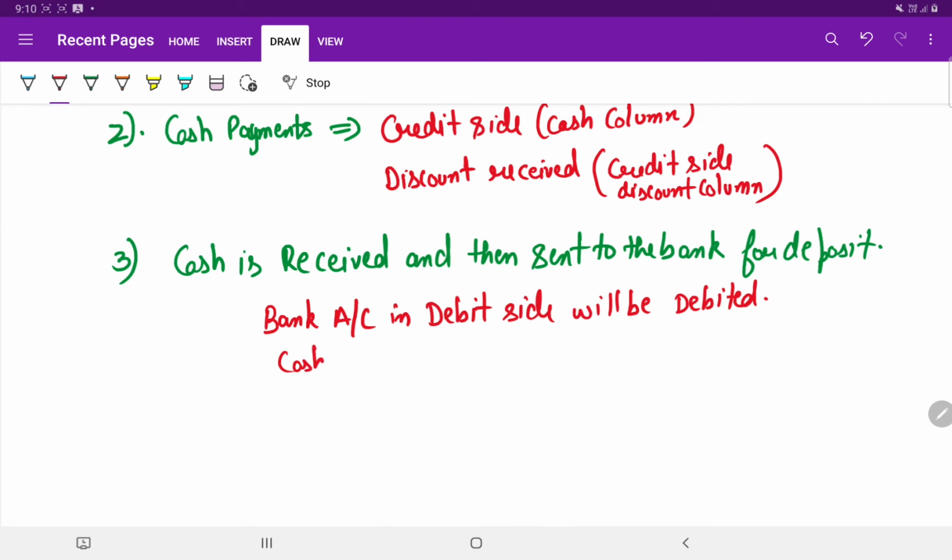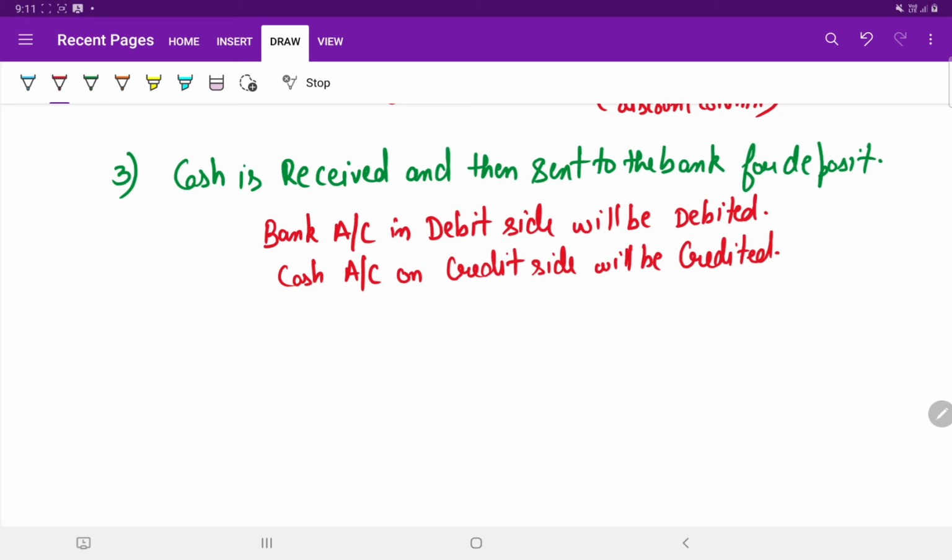Similarly, when the cash is withdrawn from the bank for, say, any official use, then the cash account is debited on the debit side.